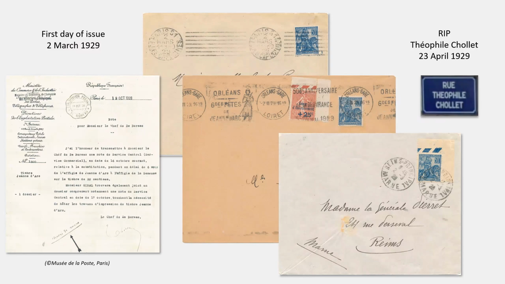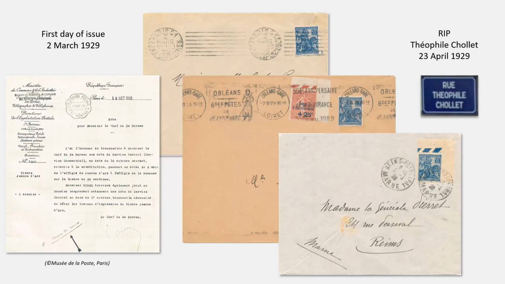And really, the first day of issue has only been established, I would say, over the past 20 odd years. Lots of catalogues are putting down the 11th of March or just saying March. But a number of us have managed to collect together enough of these first day covers, so to speak, and they have the date the 2nd of March on. So we can say, I think now with confidence, they are no longer just the earliest date known, but they are the first day of issue, because there is something very much in common with these dates: they are all in towns which had a connection with Joan of Arc.